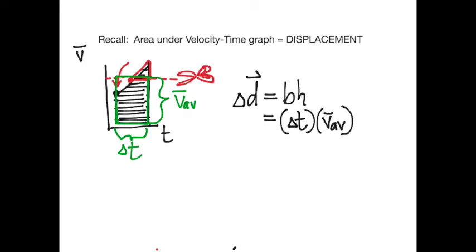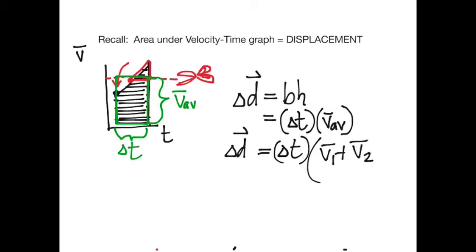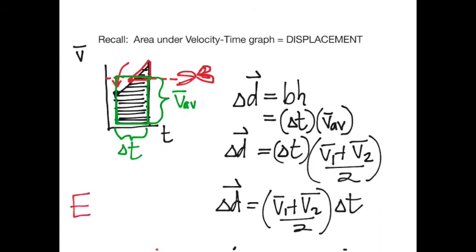So we can actually rewrite this as delta d is equal to delta t times v1 plus v2 over 2. And in fact, this is the first equation. And we normally rewrite it like this. So this is equation 1. The first of 5 equations that we will be deriving.